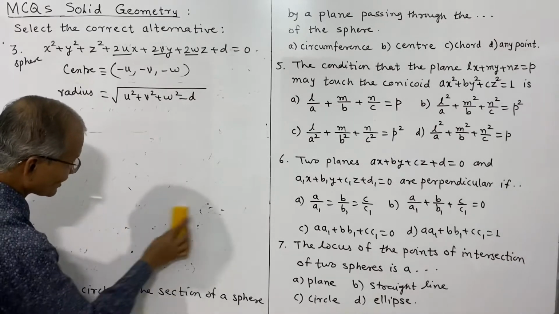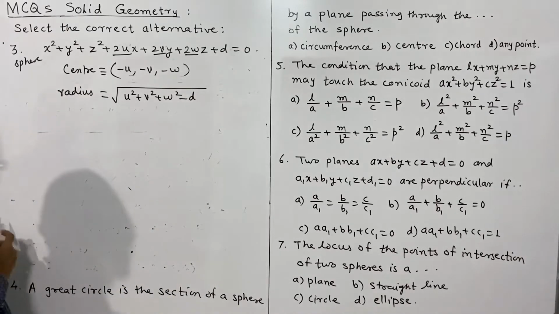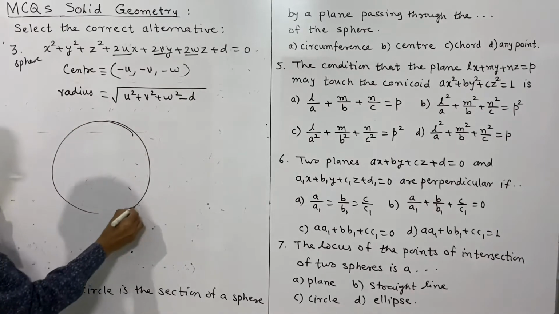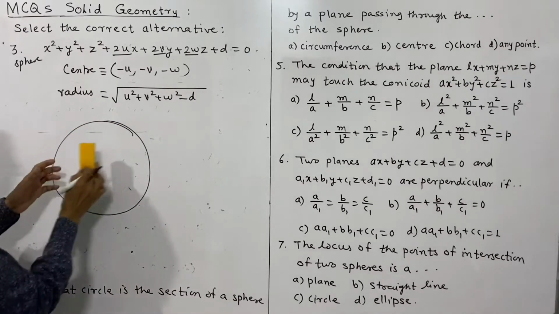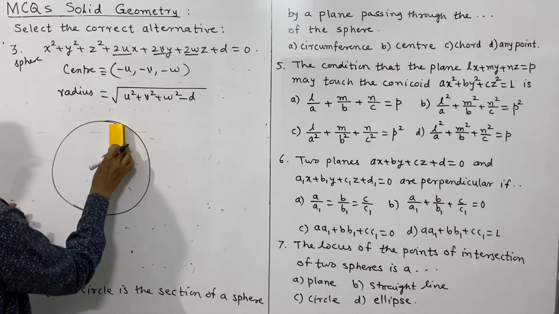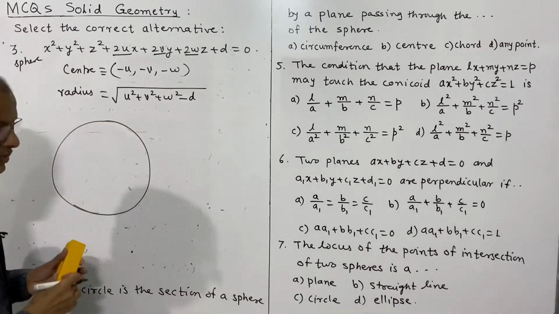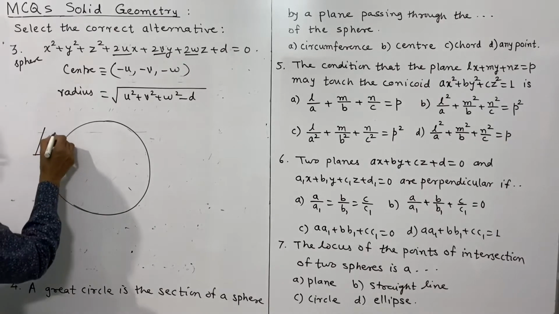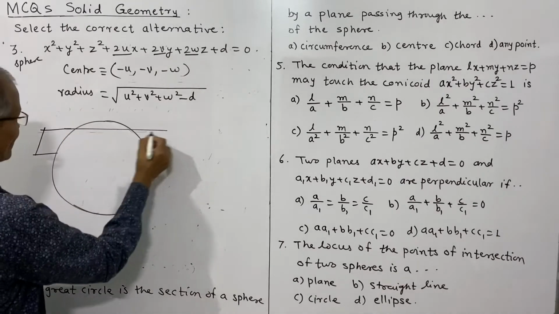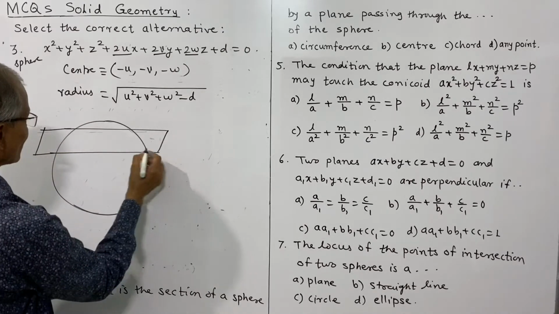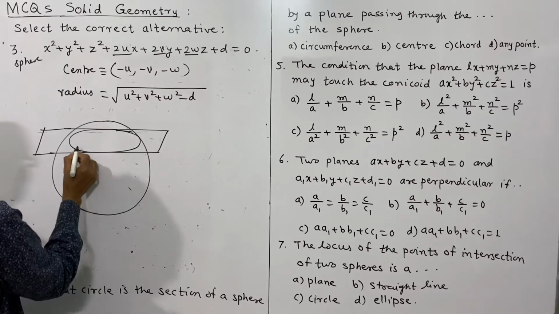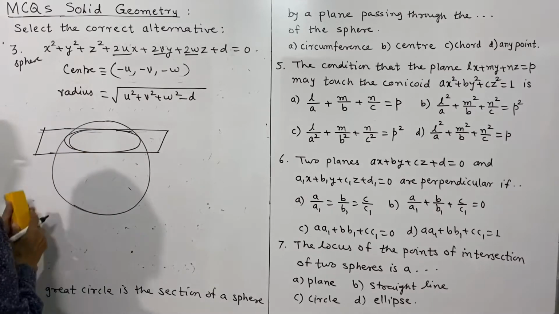So suppose this is a sphere, and its plane section is to be taken, section by a plane. And if you see, a section of this sphere by a plane will be a circle obtained here.